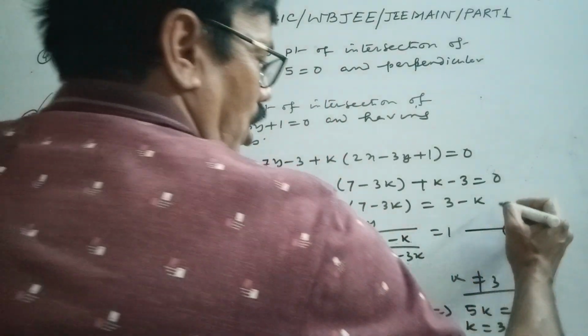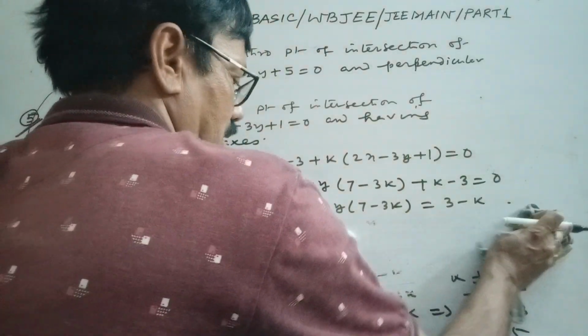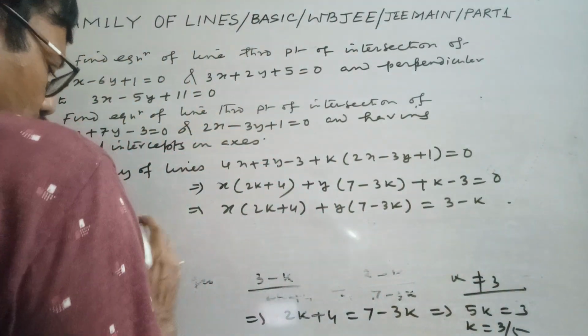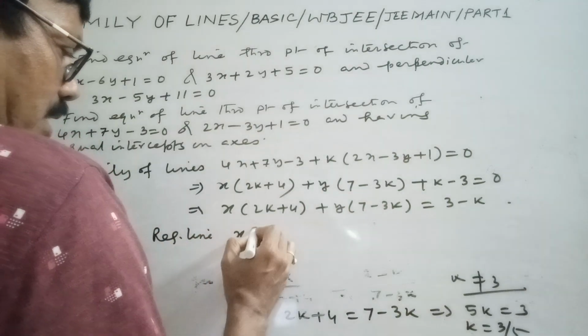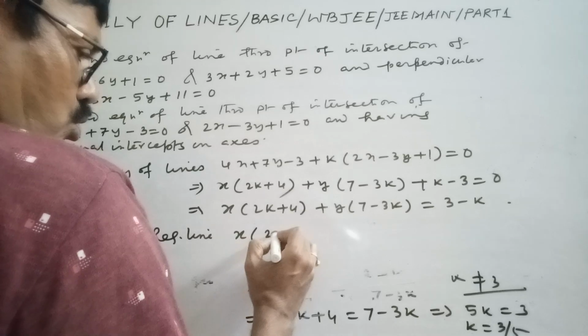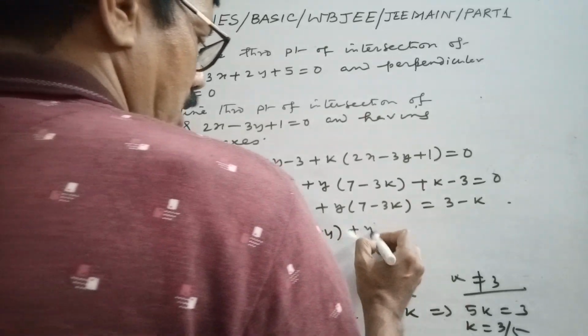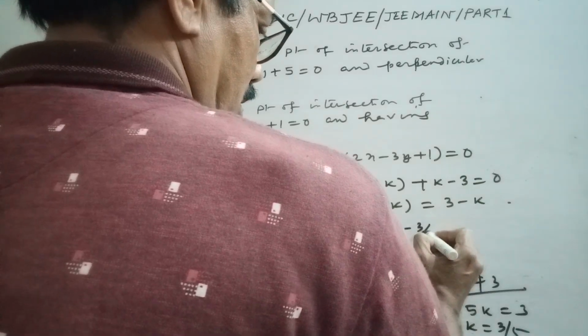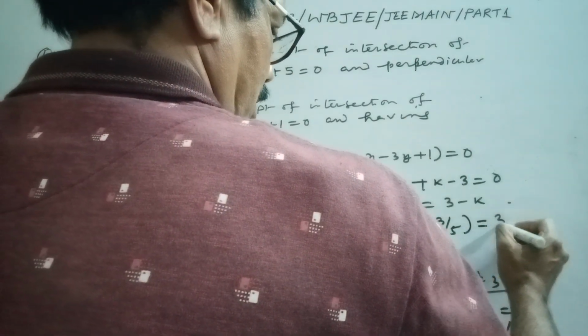So putting the value of k equals 3 by 5, you get the required line. So what will be the required line? X into 2 into 3 by 5 plus 4, y into 7 minus 3 into 3 by 5 equals 3 minus 3 by 5.